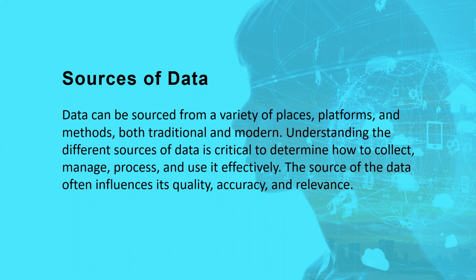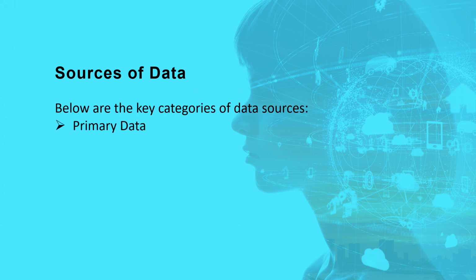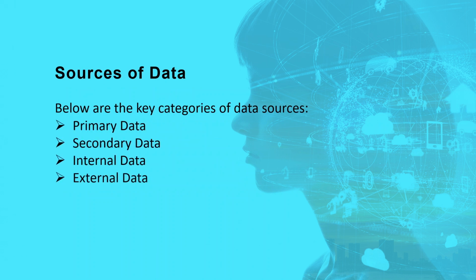The source of data often influences its quality, accuracy and relevance, and different categories of data depending upon their sources may be categorized as primary data, secondary data, external data, internal data and so on. Now we discuss these different types of sources and the types of data depending upon them.